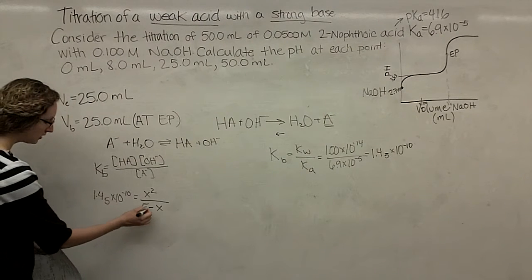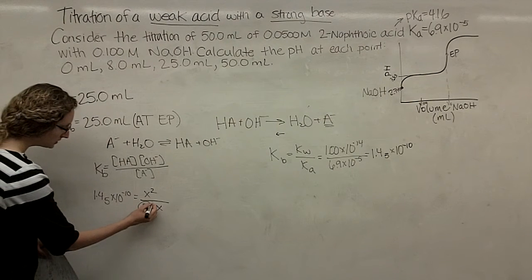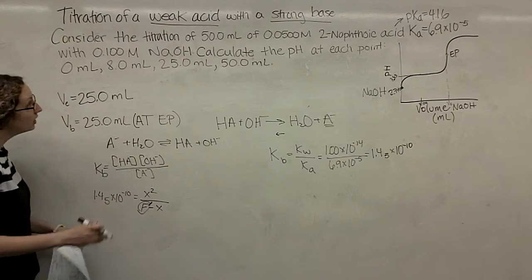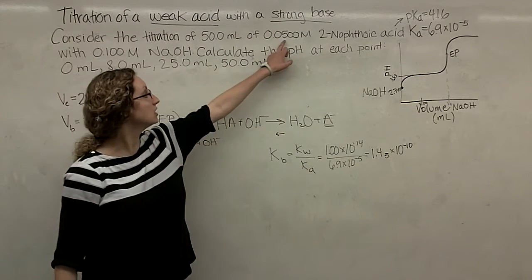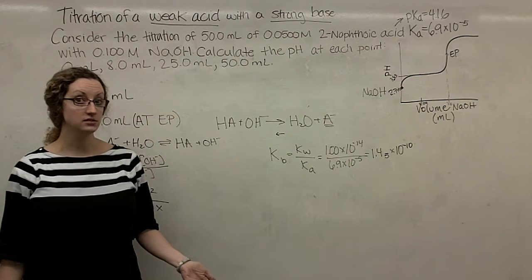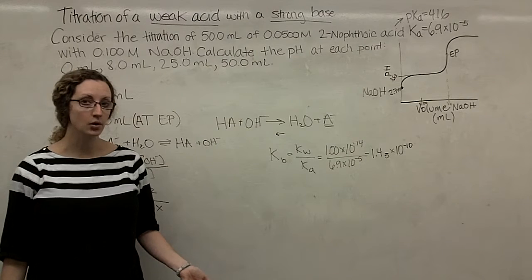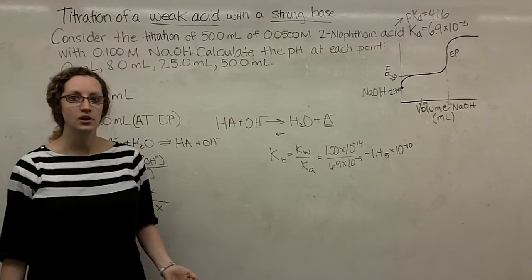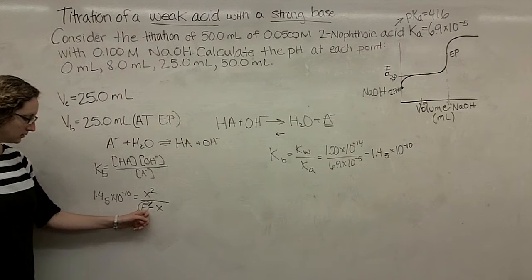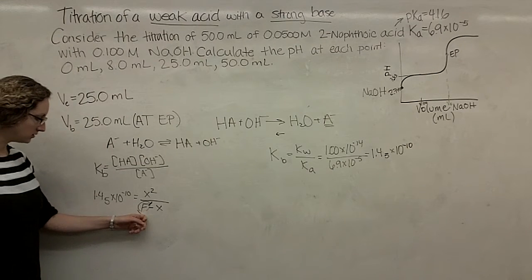And so this concentration should be F prime, because we could take this initial concentration, but because we added so much volume of our base to our solution now, it's going to be diluted. So we have to take that into account when we calculate this concentration here, our formal concentration.